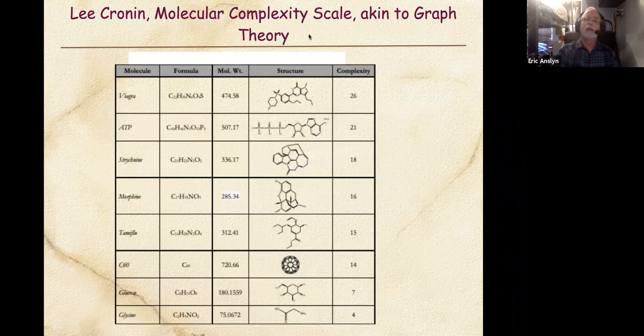So he has a molecular complexity scale that involves a graph theory mathematical analysis that assigns, here's a handful of molecules, a certain level of complexity to those molecules. He's done this with thousands of molecules now, where simple carbohydrates or amino acids fall pretty low. Things like, well, this is Viagra. I'm sorry, ATP, strychnine, certain things start to fall pretty high on this molecular complexity scale.